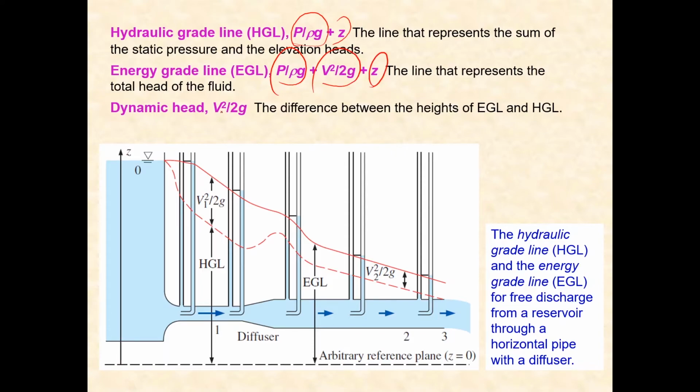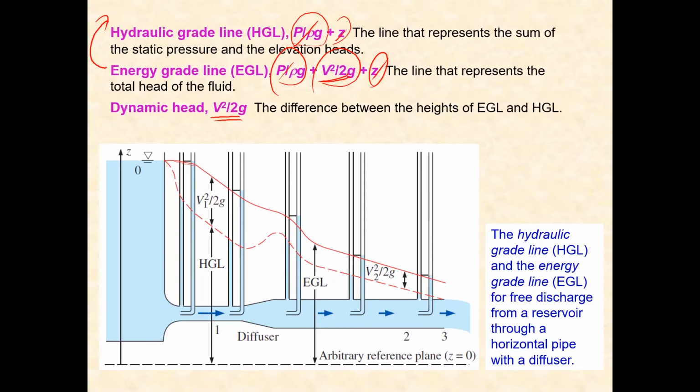And the dynamic head is the difference between the heights of EGL and HGL. So when you subtract the two, you will eliminate the static and the elevation terms, and you will get V squared over 2g. So the difference between these two grade lines will give you the dynamic head. Below here is an example where the solid line at the top is the EGL.